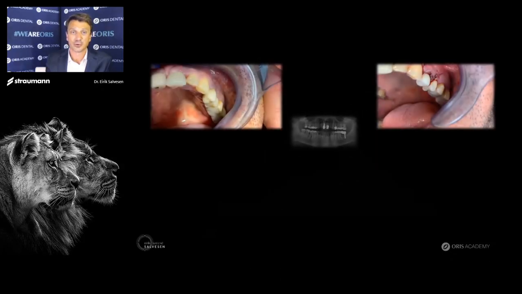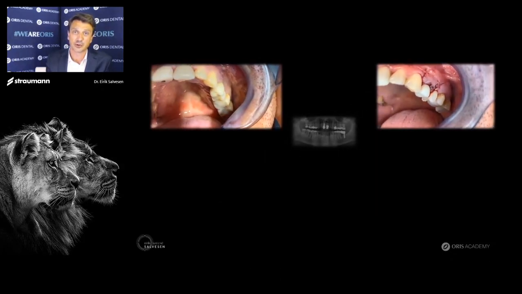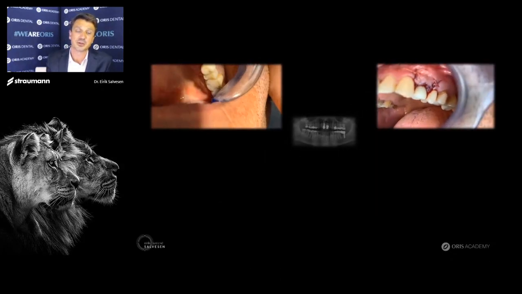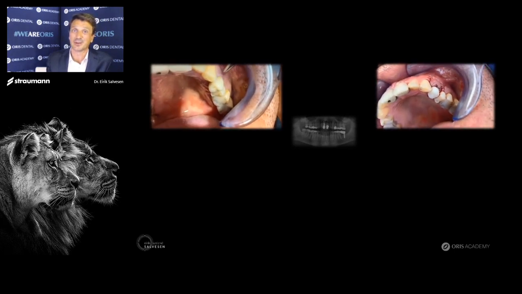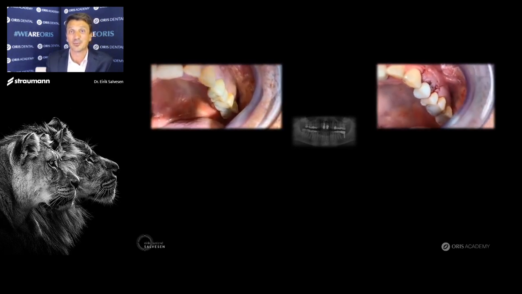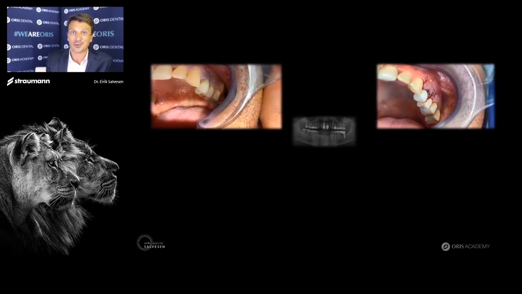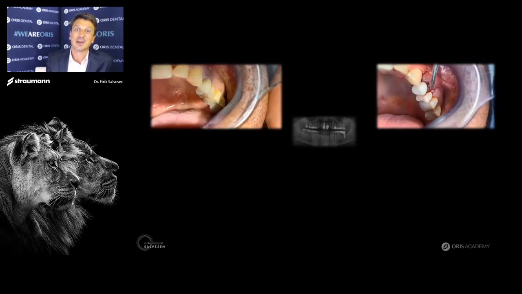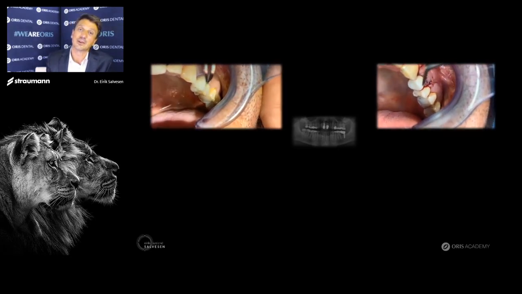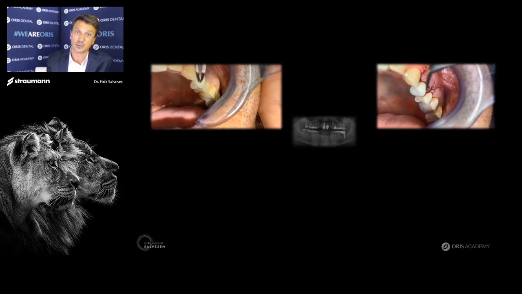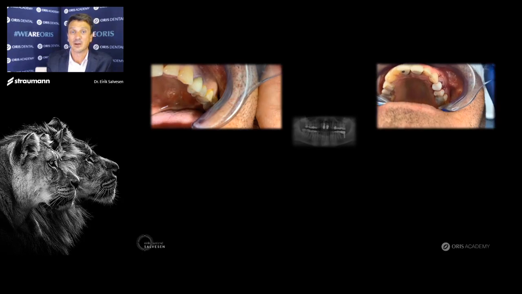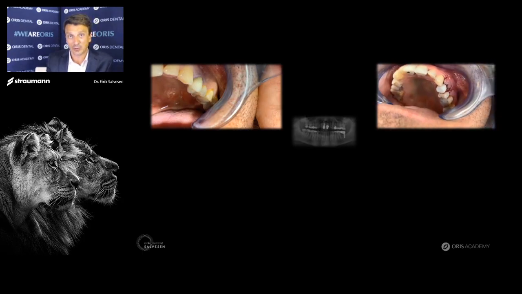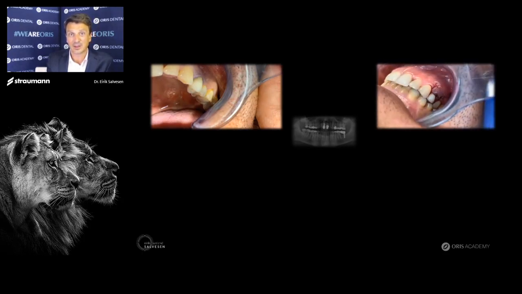I'll try to show you the small videos that show on your left side the pre-op situation, where I'm trying to film and move the tooth at once, but you'll see it's quite loose, so there's a lack of retention of this tooth. And on the right side, you'll see the temporary crown that we placed on top of an immediately installed implant in this area, obtaining the correct primary stability needed to do these types of treatment.